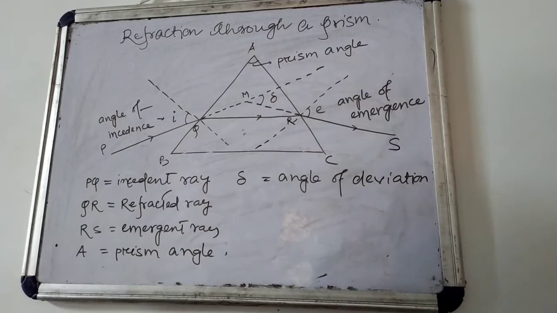Now we will discuss under which condition this angle of deviation will be minimum. That means condition for angle of minimum deviation.